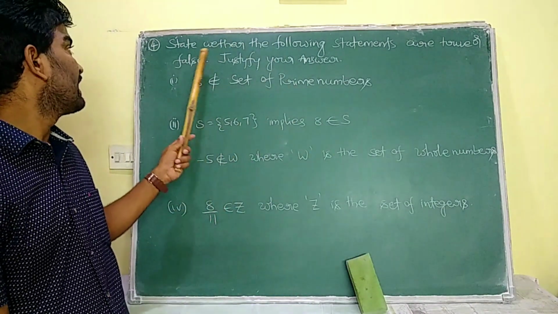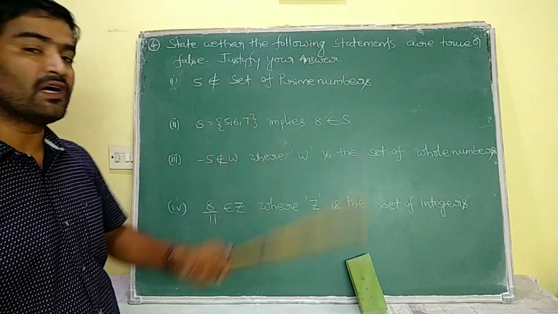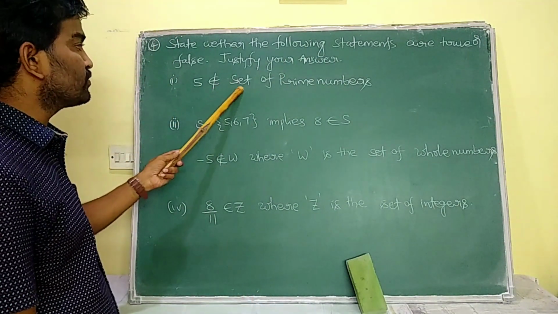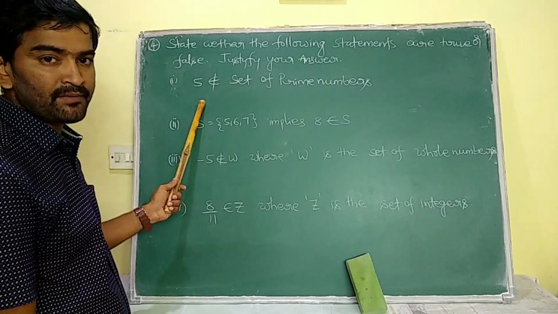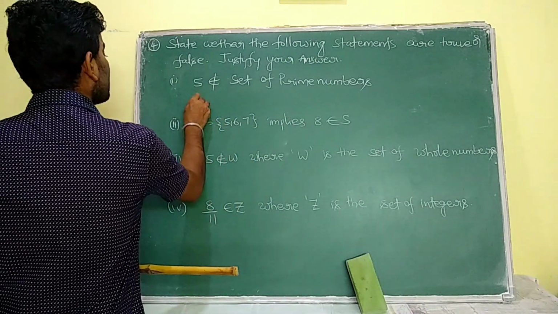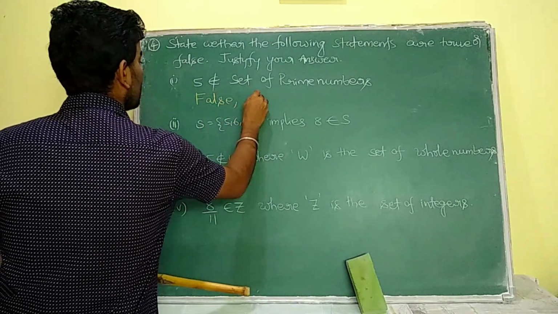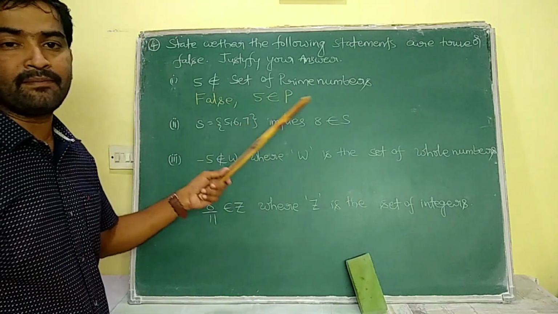Here is the fourth question. State whether the following statements are true or false and justify your answer. Here, 5 does not belong to the set of prime numbers is said. We know that 5 is a prime number, so it's false. Actually, the justification is that 5 belongs to the set of prime numbers.